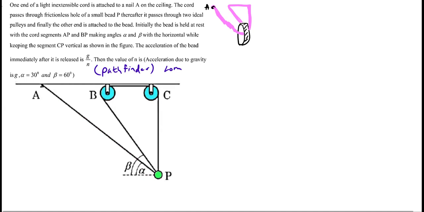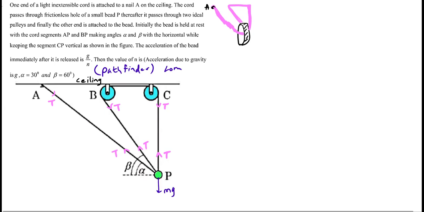Then what are the forces that will be acting on it? The weight mg, and the tension in the string, the same tension. Tension should act away from the body. Let's see in what possible directions it can move.